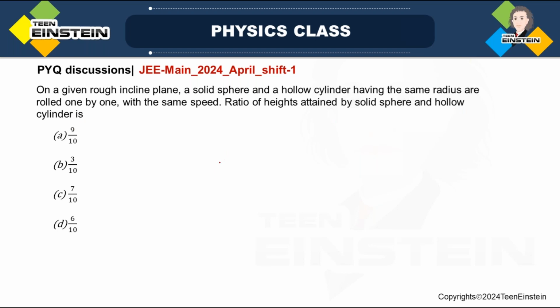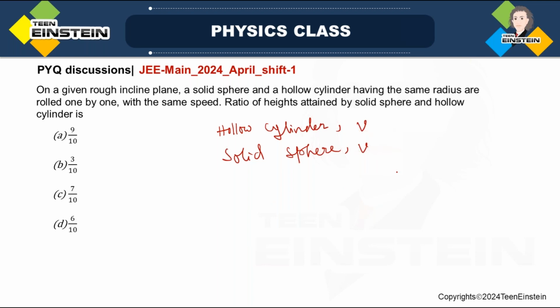Okay, so we have hollow cylinder, and solid sphere. So these two are actually rolled one by one with the same speed. Speeds are same, v. Ratio of heights attained by the solid sphere to the hollow cylinder.